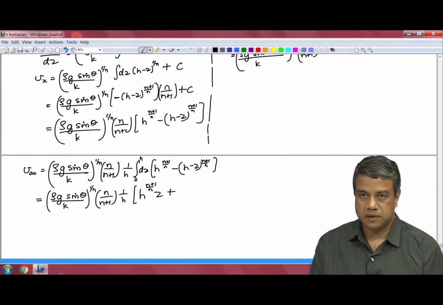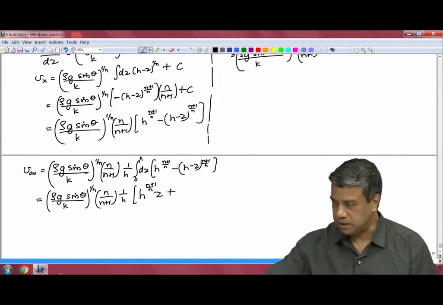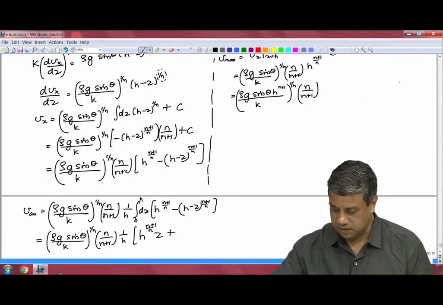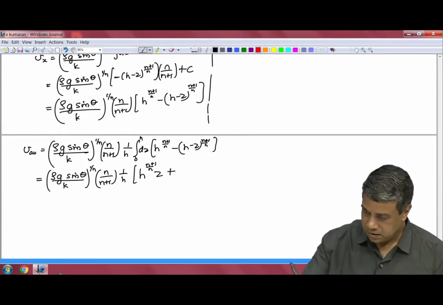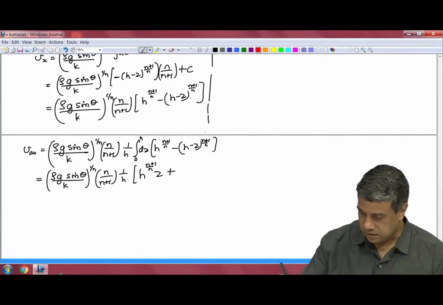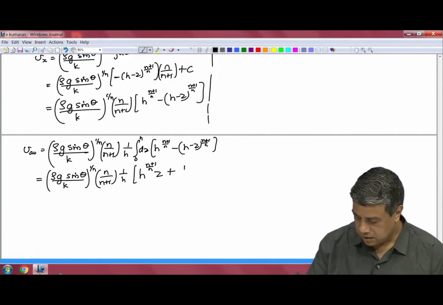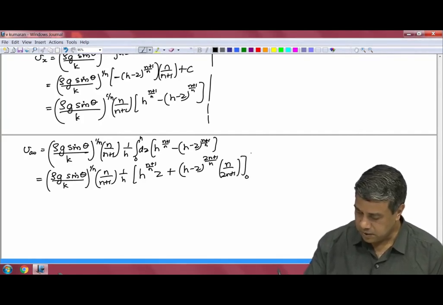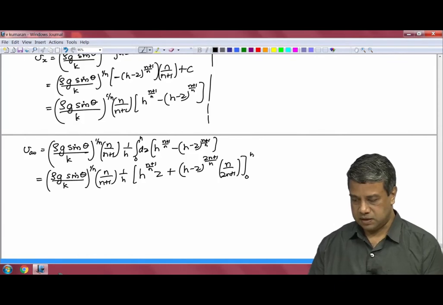If you recall in our formula, alpha is equal to (n plus 1) by n, therefore alpha plus 1 is equal to (2n plus 1) by n. And you get a negative sign when I do the integral, and I will get (h minus z) to the power (2n plus 1) by n, into n by 2n plus 1, between the limits 0 and h.